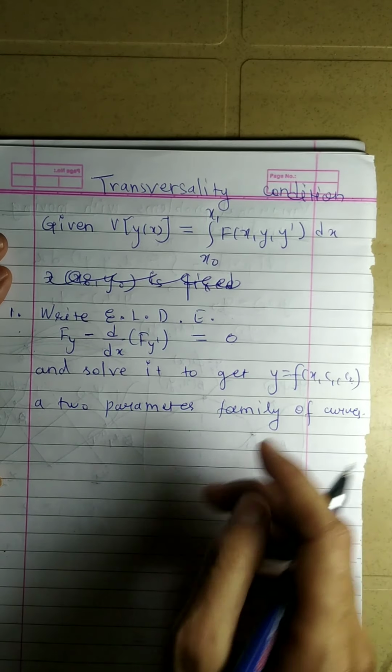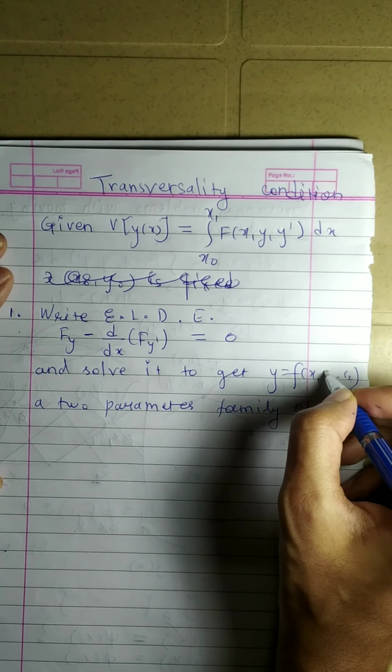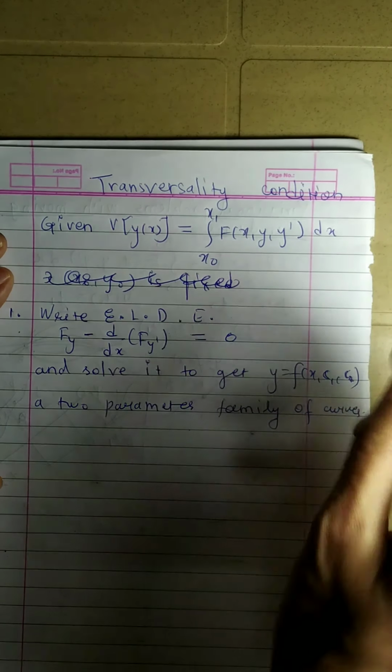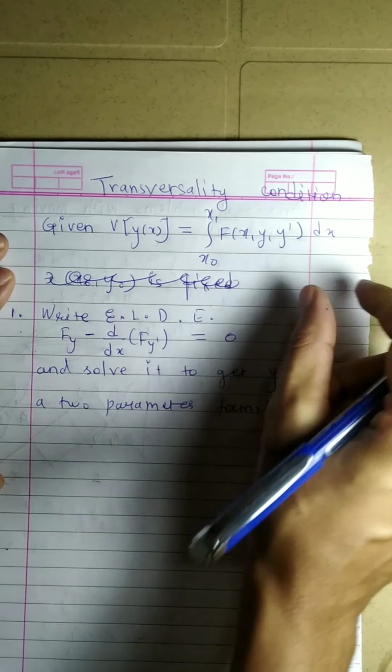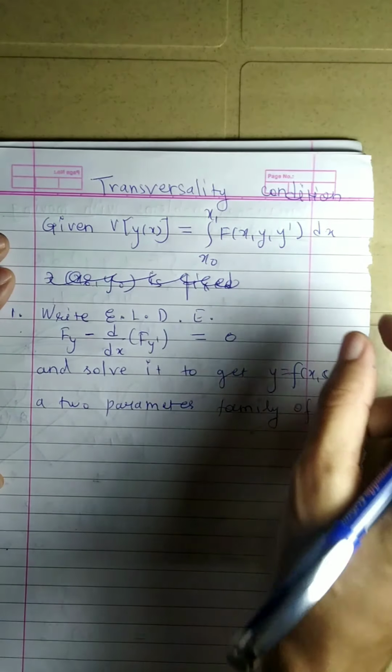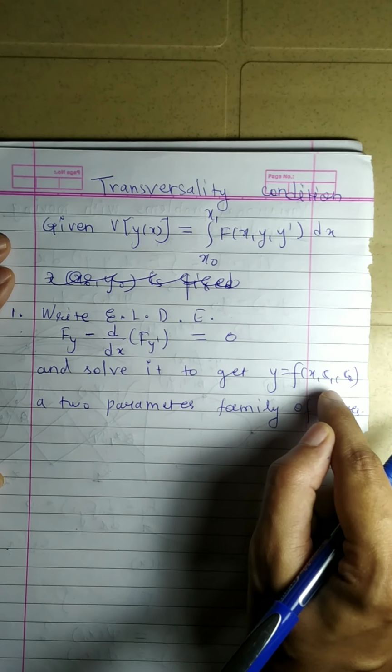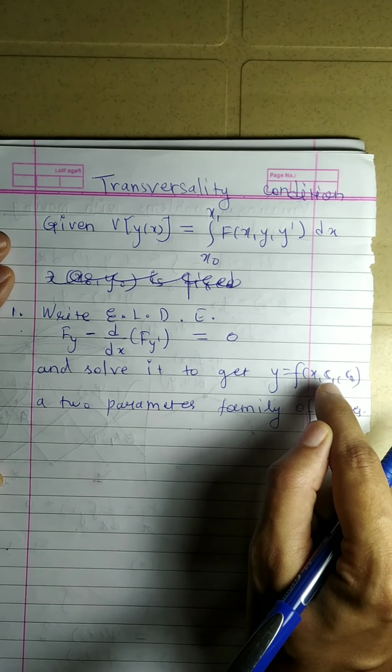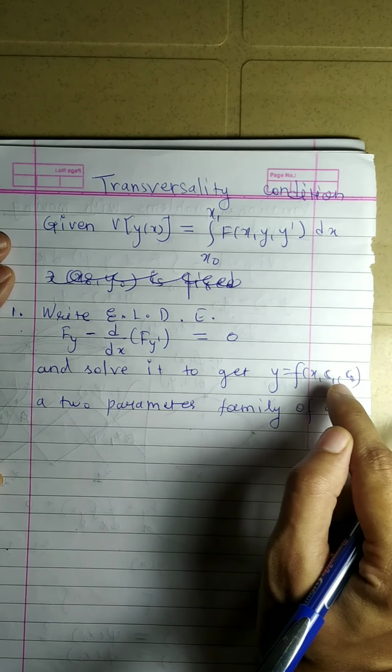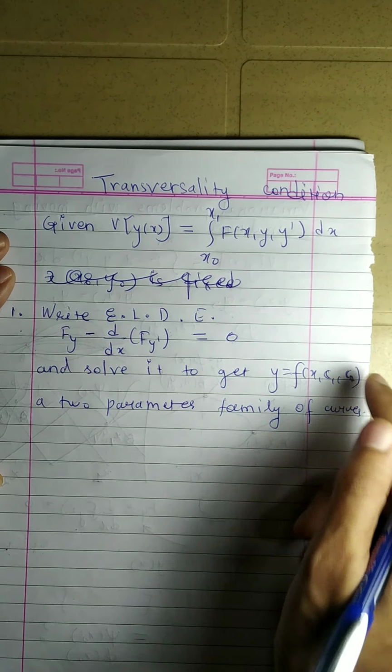It is called a family of curves because these are arbitrary constants, but if we have the two boundary points, the endpoints, specified, then we can find exactly which curve it is by determining the constants c1 and c2.